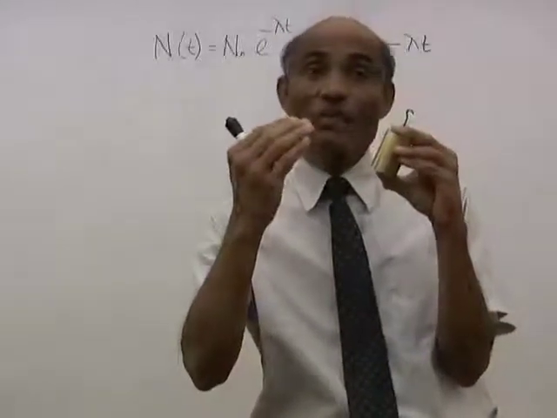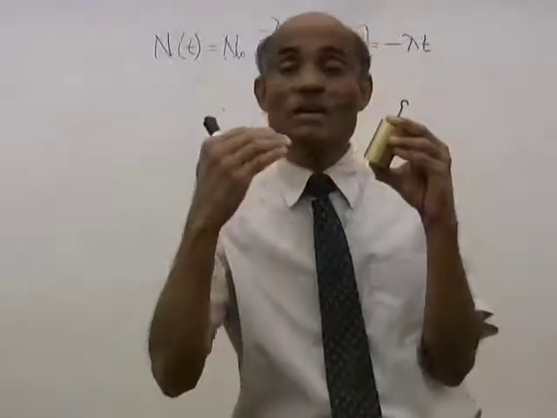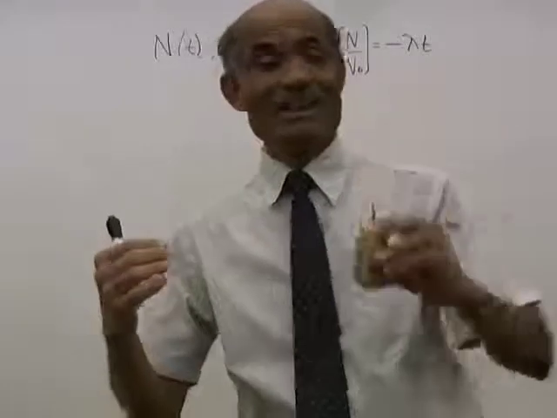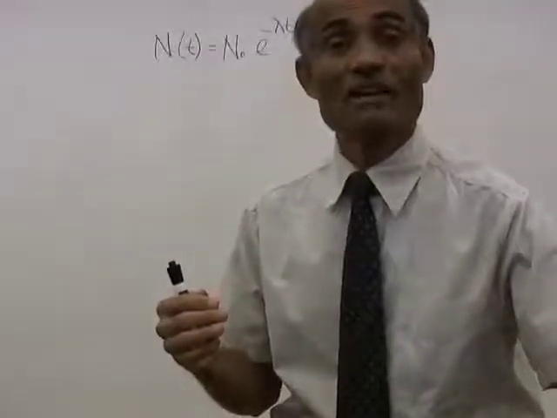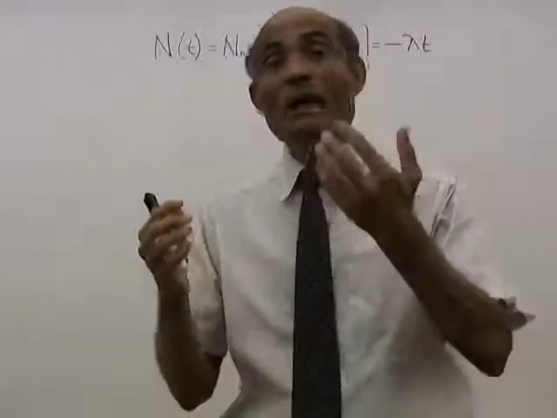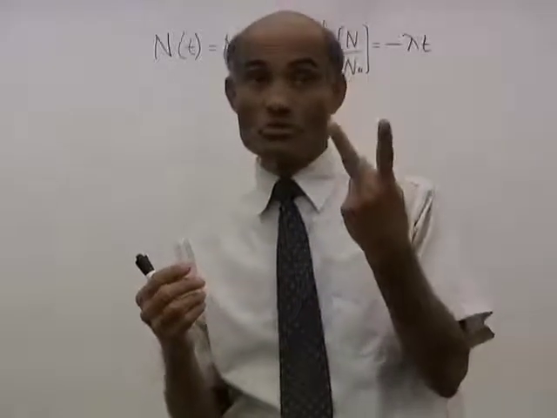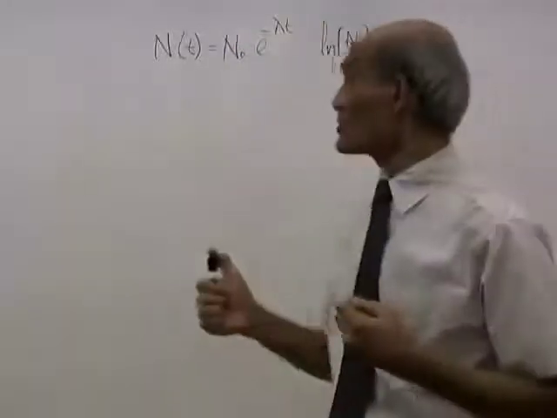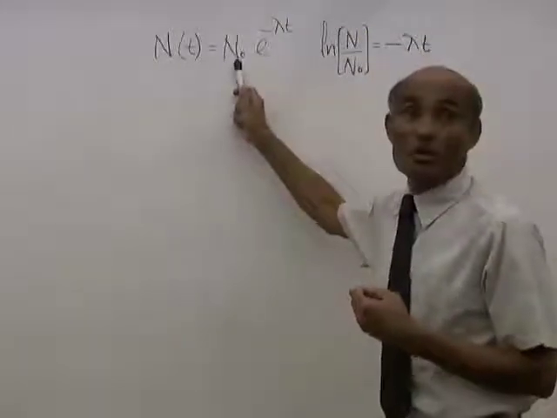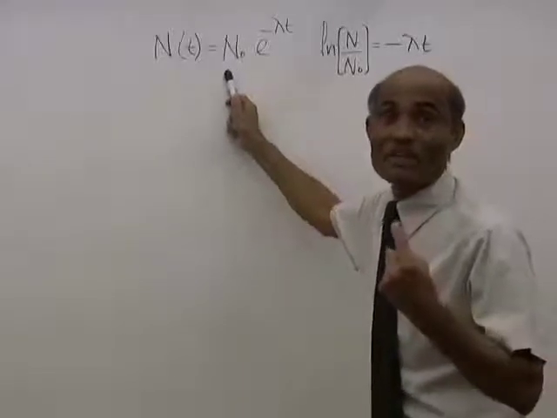What is the time taken for that rate to decrease by 1/2? What is the time taken for that rate to become 50 disintegrations per second? So half-life can also be defined as the time taken for the rate of decay to become half its original value. So I give you two definitions. One is half-life is the time taken by the original number of radioactive atoms to become half its value.